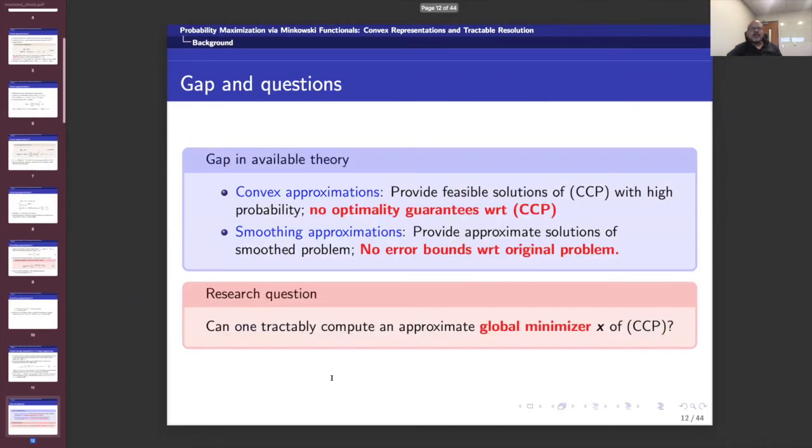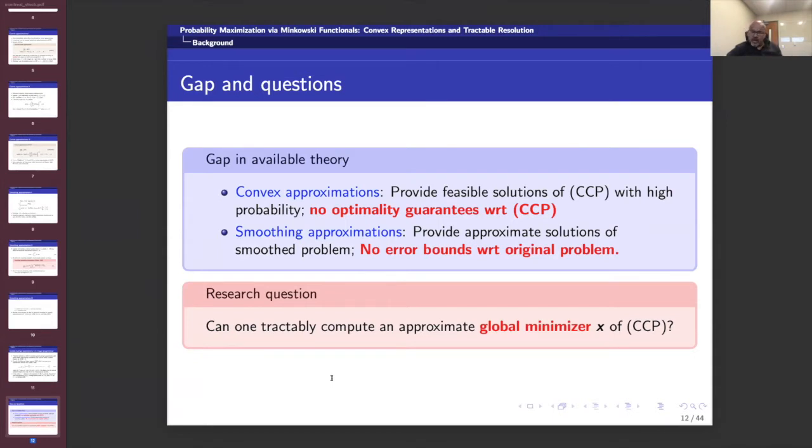What I want to point out is what you see in most of these efforts: either you have convex approximations which provide feasible solutions with high probability, but there are no optimality guarantees with respect to the original problem, or you have smoothing-based approximations which often lead to non-convex optimization problems.